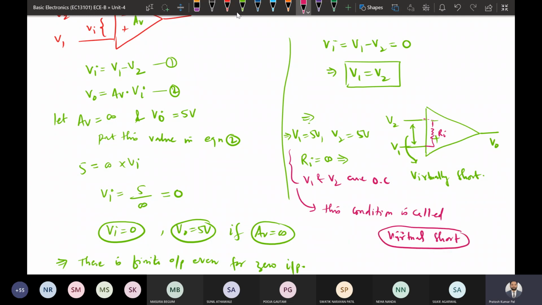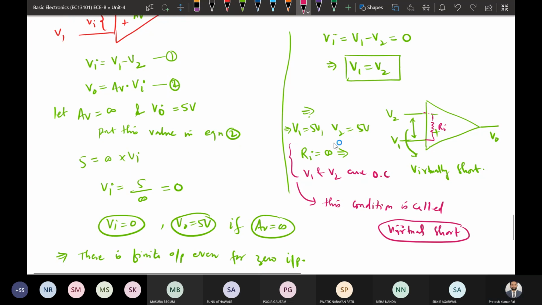Virtual short means that because the input resistance is infinity, the inputs are open circuited, and at that time V1 and V2 will be equal, since the gain is infinity because it is an ideal one. Both are equal and open circuited, so both are virtually shorted to each other. Shorted means both have equal voltage.